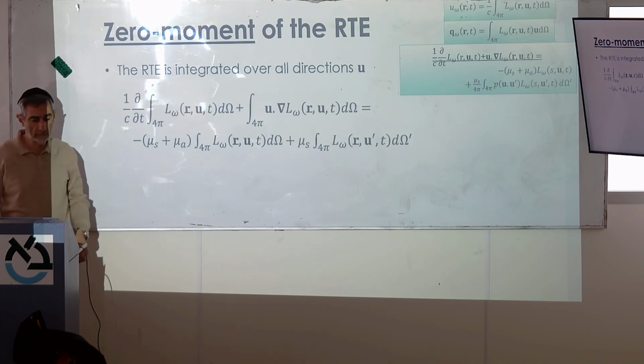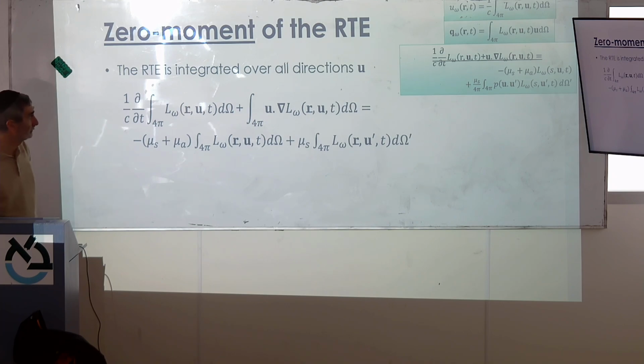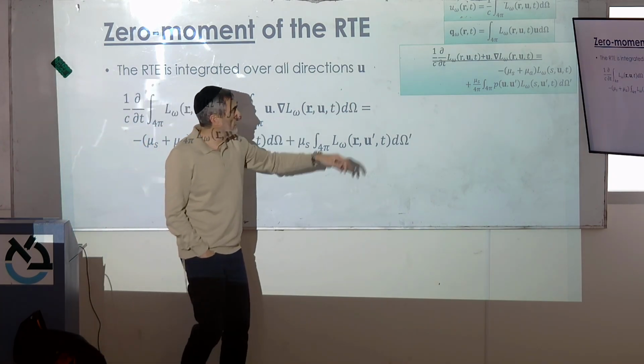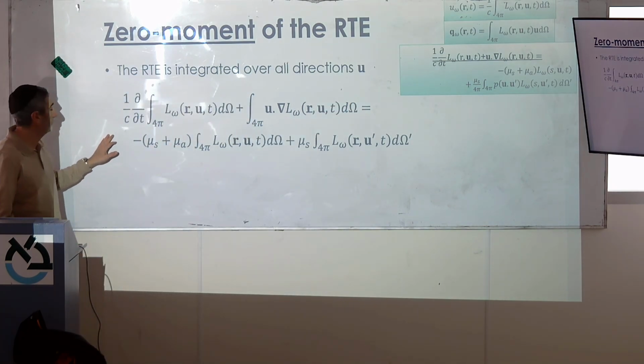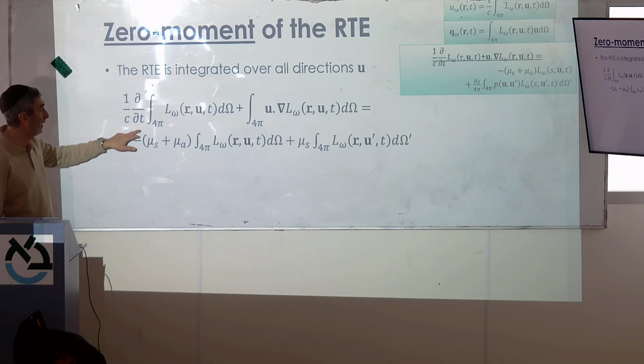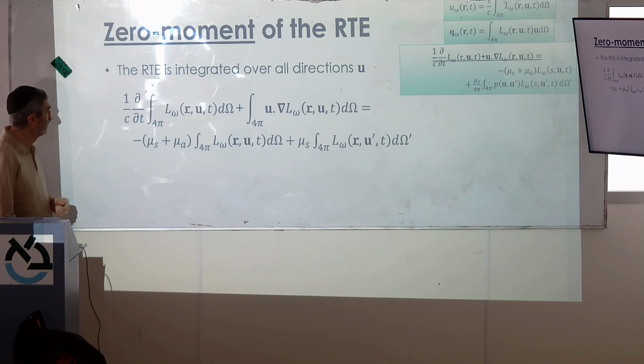Okay, so I take the radiative transfer equation, this equation here, and I integrate it over all space, so that the zero moment, I don't multiply it by any vector, any parameter. So just taking the integral of this function.